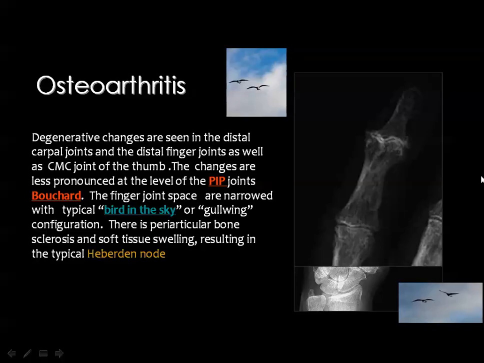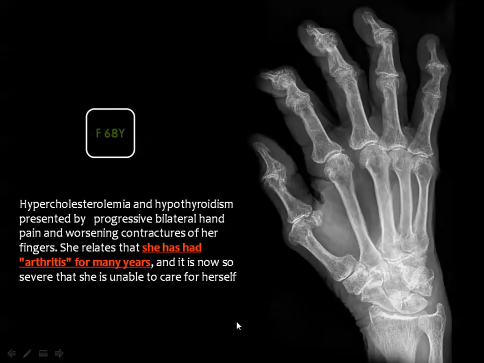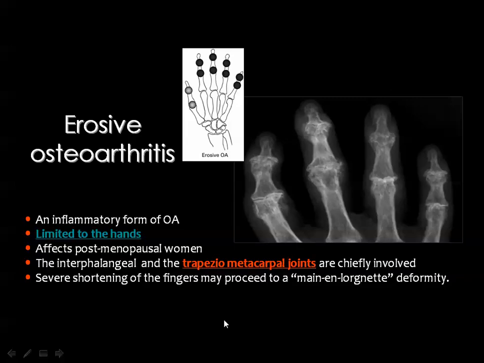There is narrowing of the joint space, subarticular bone sclerosis, and osteophytic lipping of the articular surfaces. And this is an advanced case of osteoarthritis of the distal interphalangeal joints of most of the fingers, showing the typical appearance: narrowing of the joint space, subarticular bone sclerosis, osteophytic lipping of the articular surfaces.